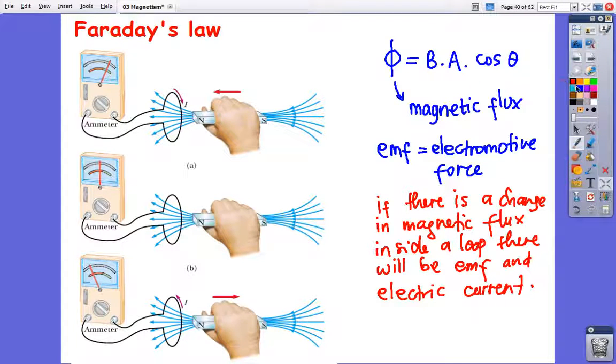So I'm going to underline this: a change in magnetic flux.